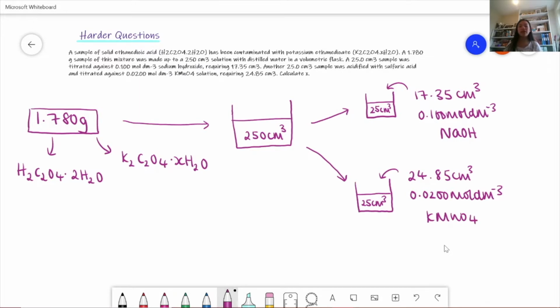So now what we're going to do first is we can either work out the number of moles of sodium hydroxide used to titrate the 25 centimeters cubed sample of the solution, or we can work out the number of moles of potassium manganate. So I'm just going to use the sodium hydroxide to start.